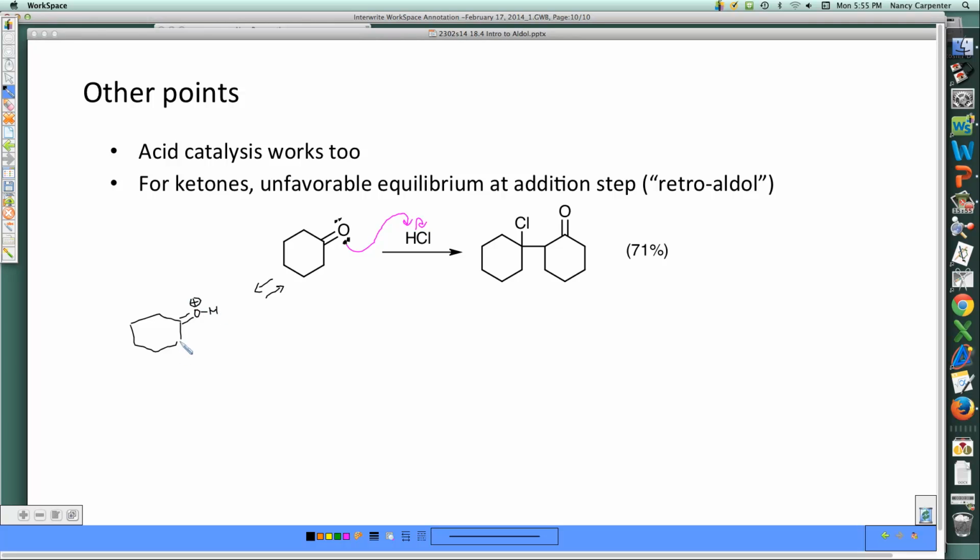And yes, it makes sense that the Cl- would attack here, and it won't get you anywhere. So that's a reversible reaction. Every once in a while, that Cl- will go ahead and make the enol.